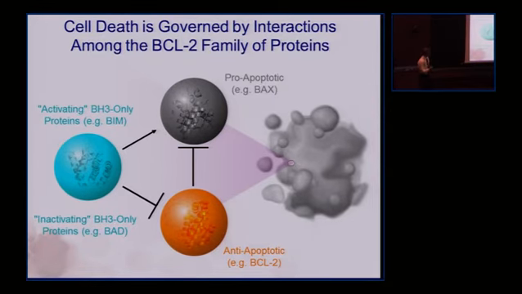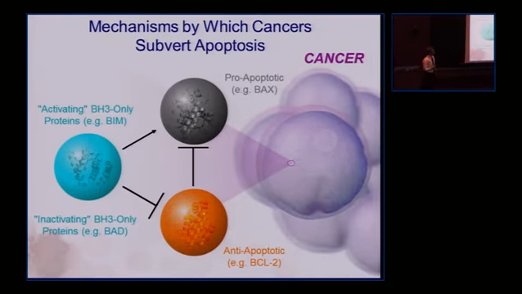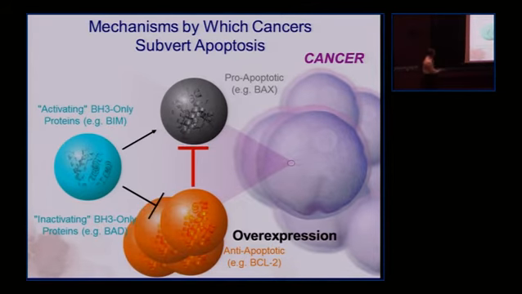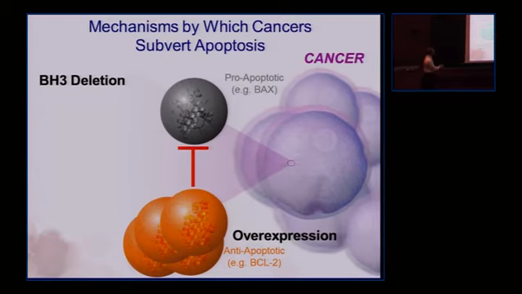And so cancers also take hold of this system in order to survive, perhaps most notably, as we talked about in follicular lymphoma, through overexpression of anti-apoptotic members, but also, increasingly recognized, through deletion of pro-apoptotic BH3-only proteins.